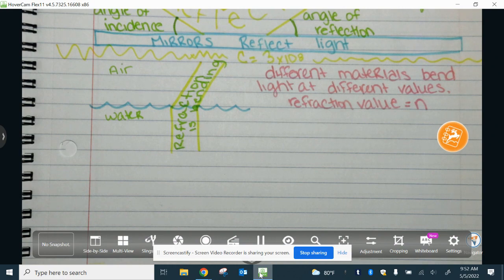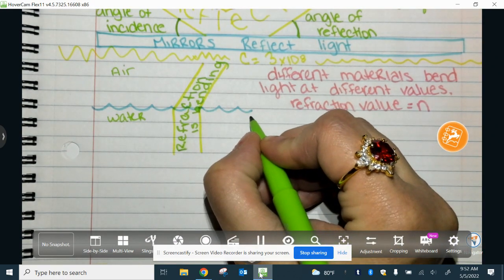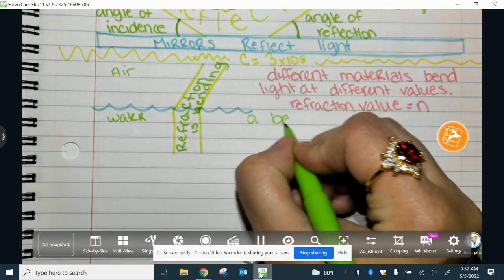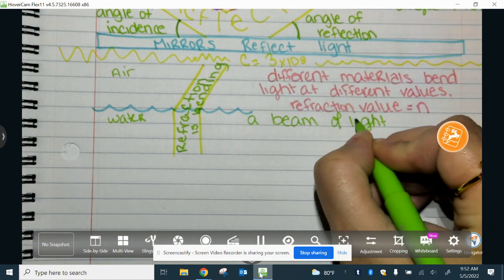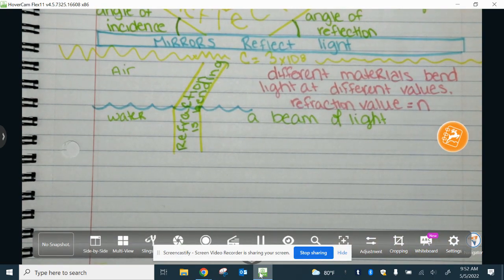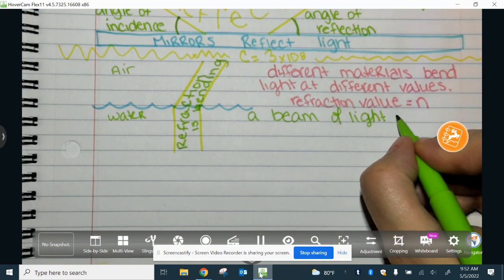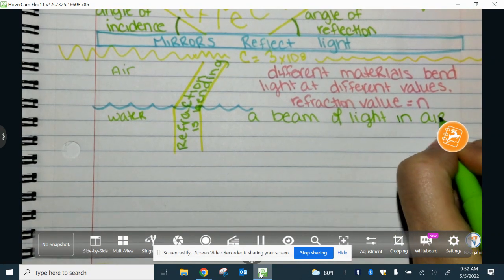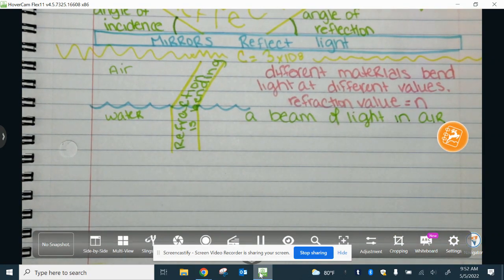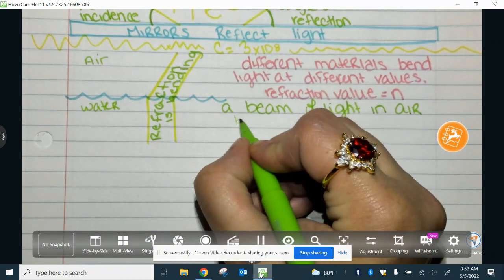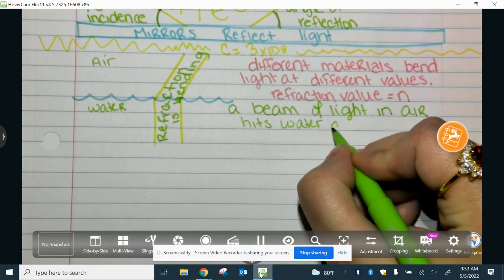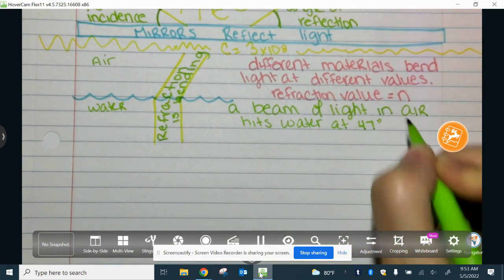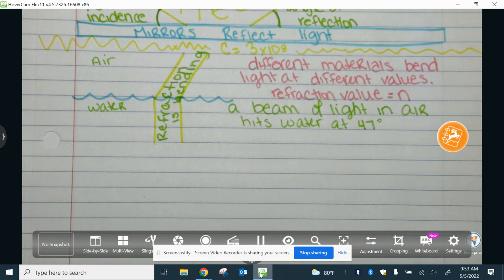So let's say a beam of light, like a ray, in air, hits water at 47 degrees. What angle is refracted?